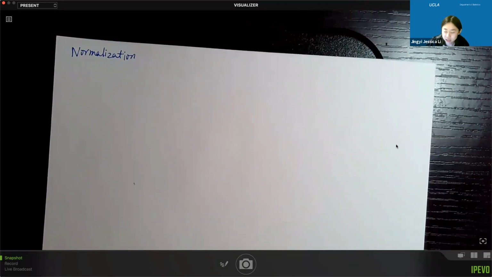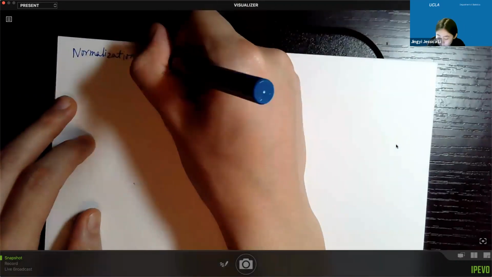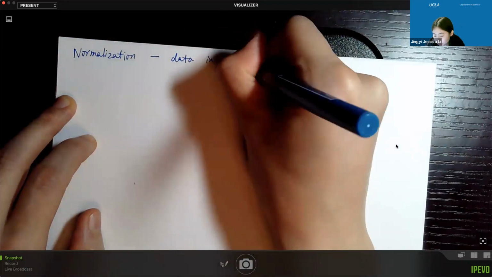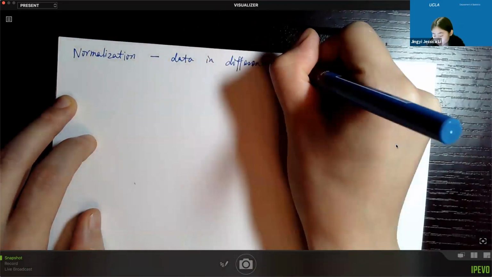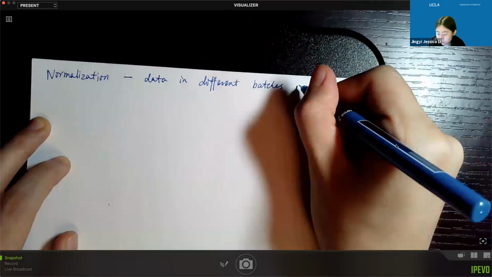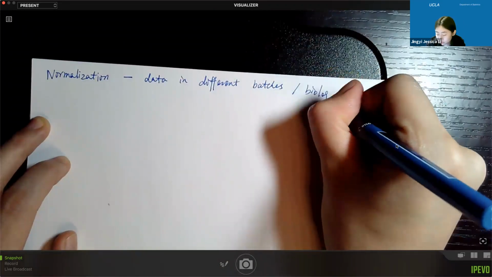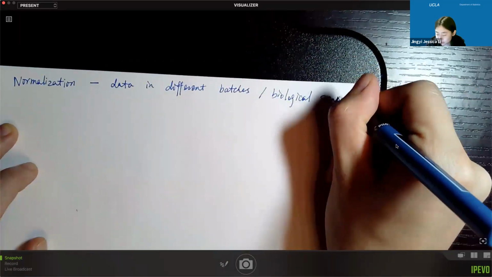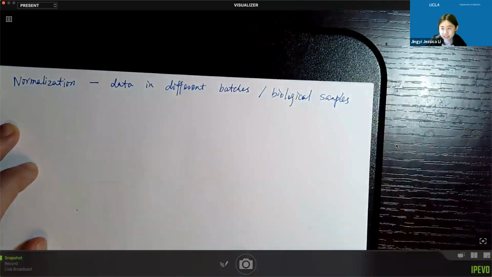But intuitively, normalization is to make sure that data in different batches or in different biological samples, right? I specifically say biological samples because in the second class, we said that the statistical sample is different from what a biological sample is.